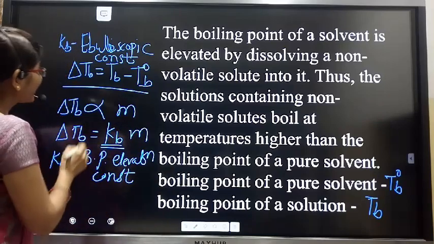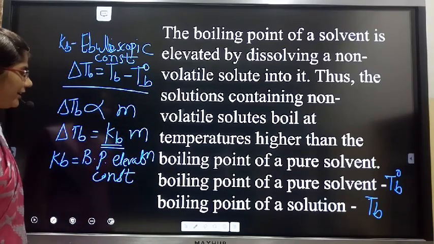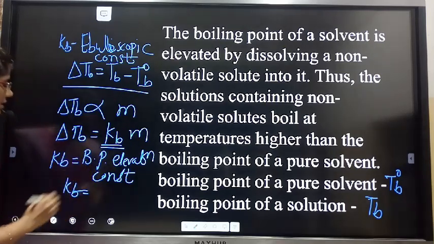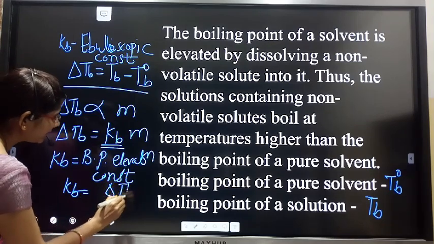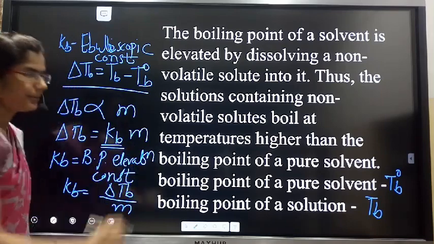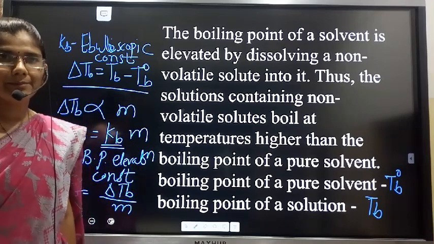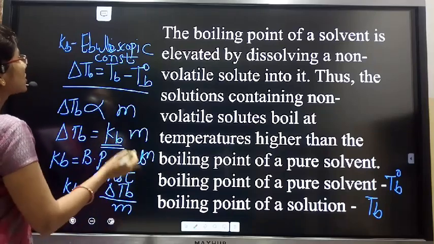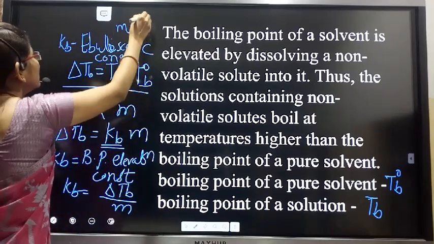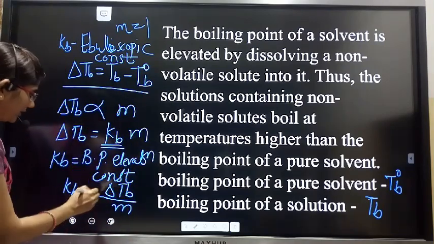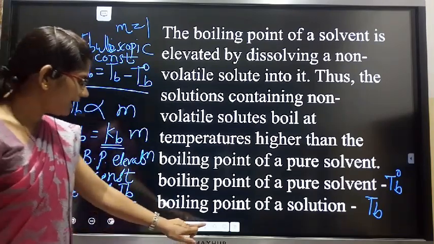This ebullioscopic constant is defined as Kb equal to delta Tb, the elevation in boiling point, divided by m. If in this expression m is equal to 1, then Kb is equal to delta Tb.